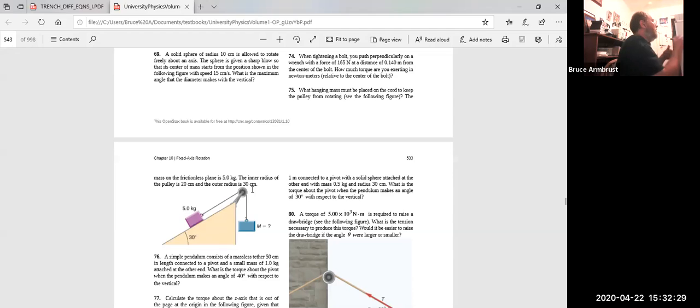So I'm going to go ahead and draw the picture here on the whiteboard, and then as soon as I get it drawn, I'll go back to the whiteboard view for you guys. I just want to make sure I get all the information. And again, the radii, 20 centimeters and 30 centimeters.